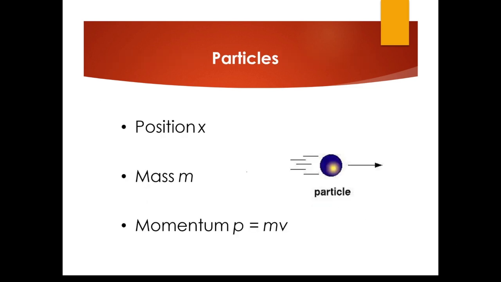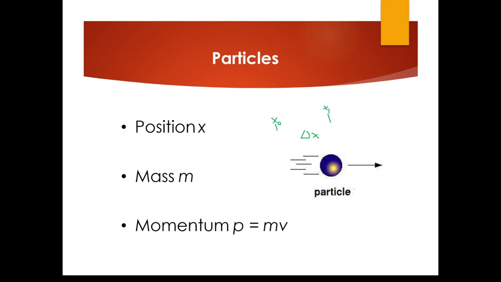So when we look at particles versus waves, we can say that particles have position and they have changes in position. So you can have x0, x1, you can have delta x.